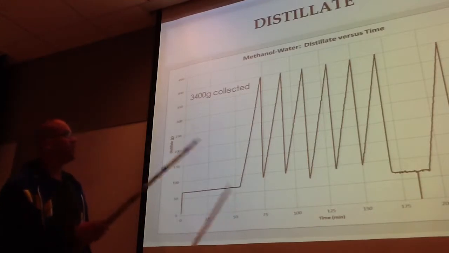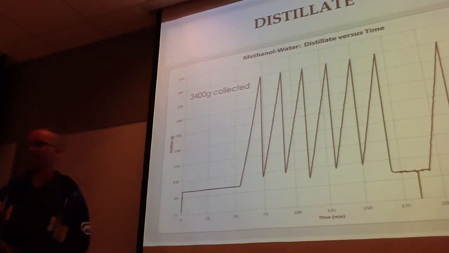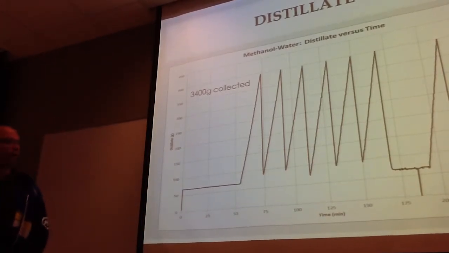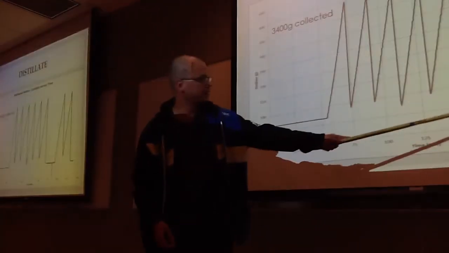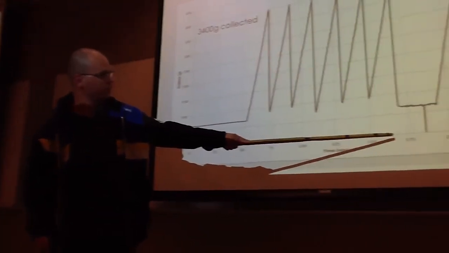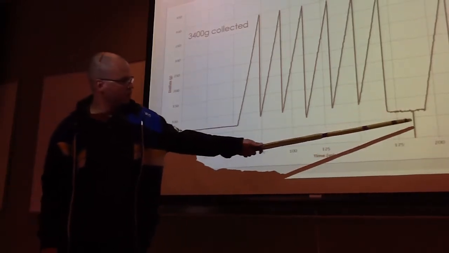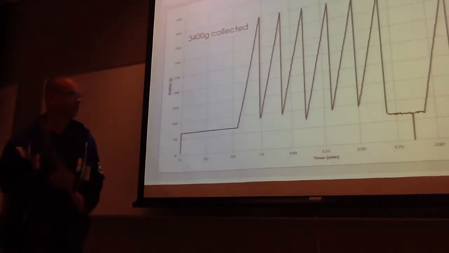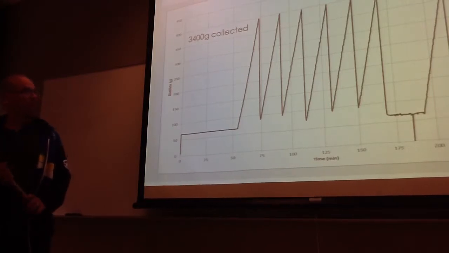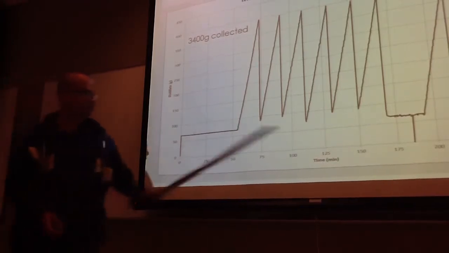But then this is when another issue with the overall column cropped up, is that you had this anomaly here, which happened at about 172 to 190. So for about 18 to 20 minutes, it was just draining.